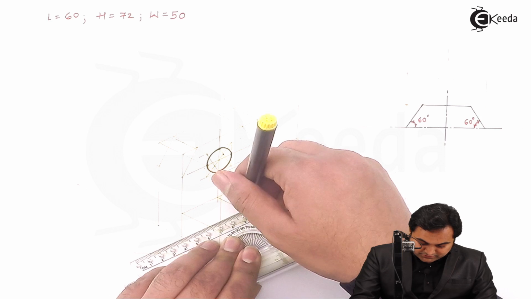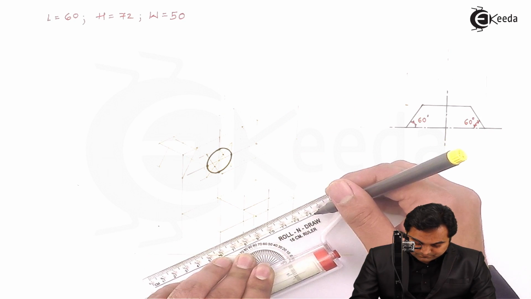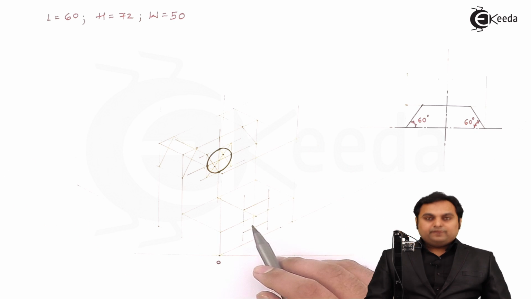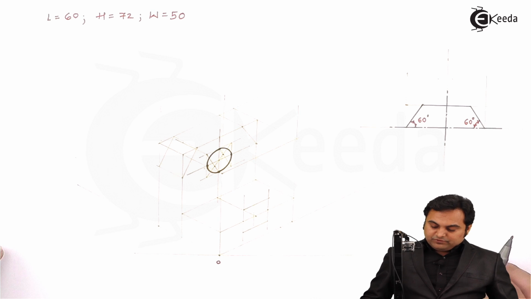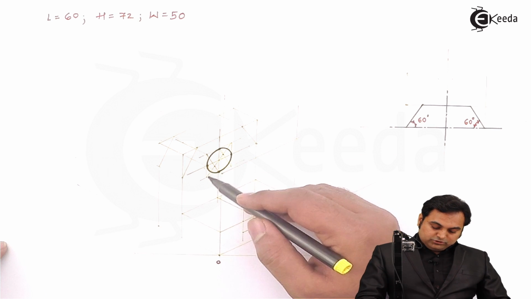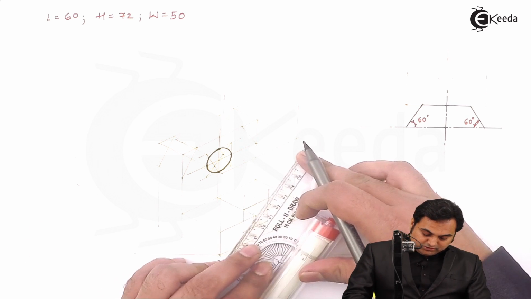Drawing parallel lines. So this is the parallelogram inside which I am going to draw the semicircle, and again the procedure is same as it was for the circle. That is, first drawing the longer diagonal. So here I'll join these 2 points and get the longer diagonal.